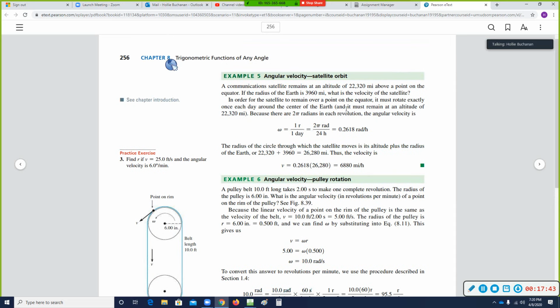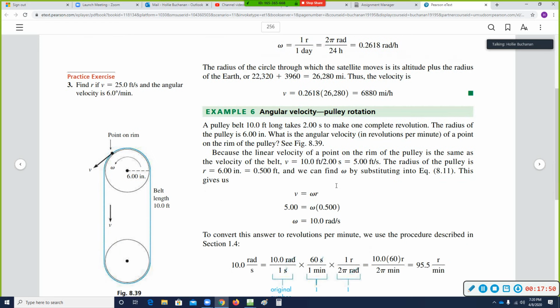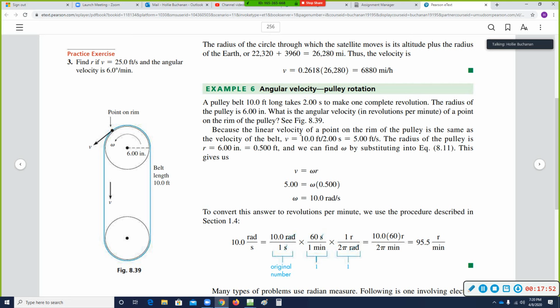This is the same problem. I'm running out of time. This is the same problem with a satellite. This is essentially the same problem with pulleys, where linear velocity equals angular velocity measured in radians per time unit, per second, per hour, per week, per day, times the radius.